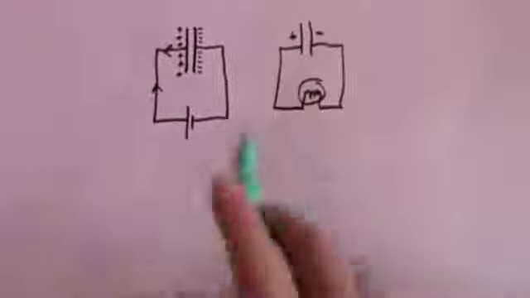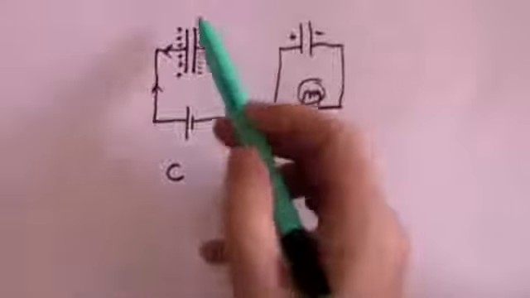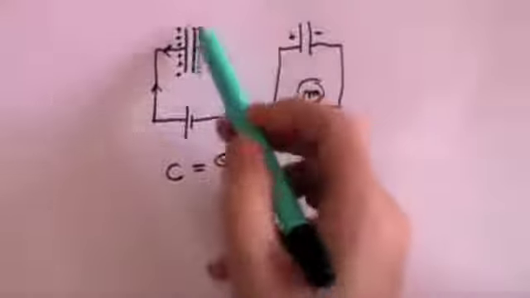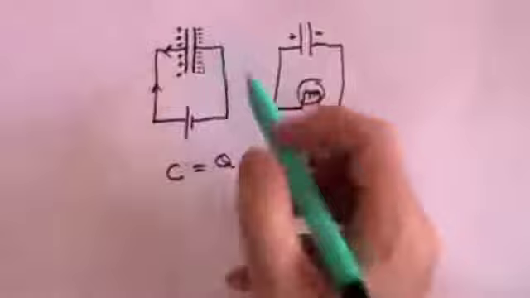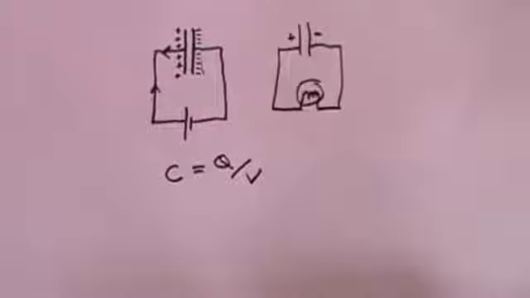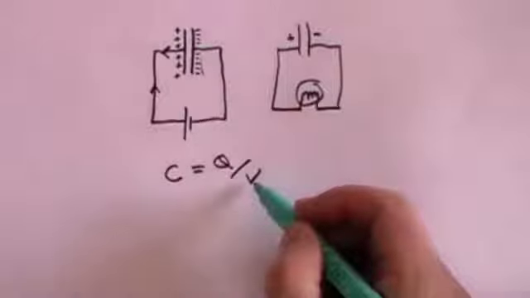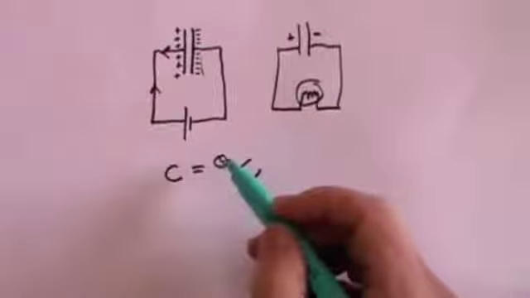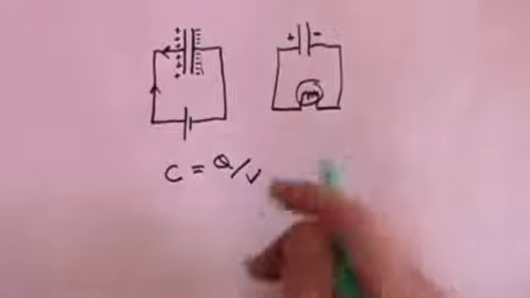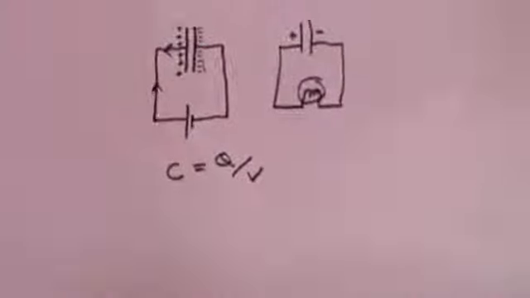And what we say is that the capacitance of this capacitor is equal to the charge it is capable of storing on one of its plates divided by the voltage. So you can see that as the voltage increases, so the charge that the capacitor is capable of storing will also increase.